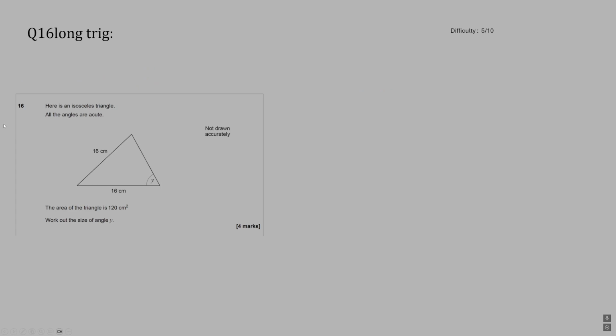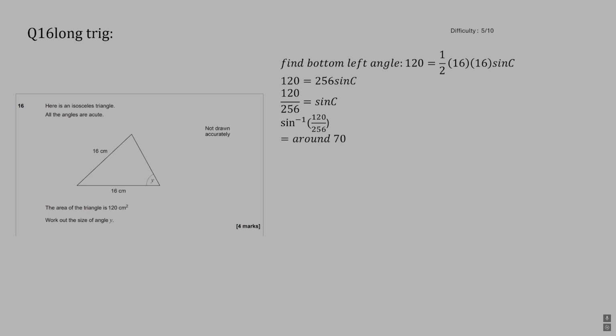Alright, this next is just some trig. So we know that this bottom left angle here is going to be found using the area of a triangle rule, as we know the area of the triangle. We're just going to simplify this to sin C equals 120 over 256. And we know that sin^-1 of that is going to be around 70.